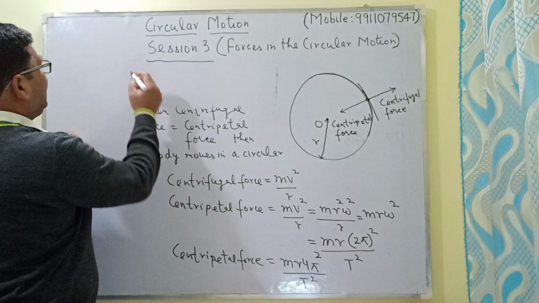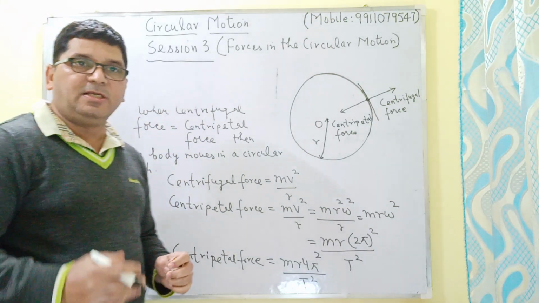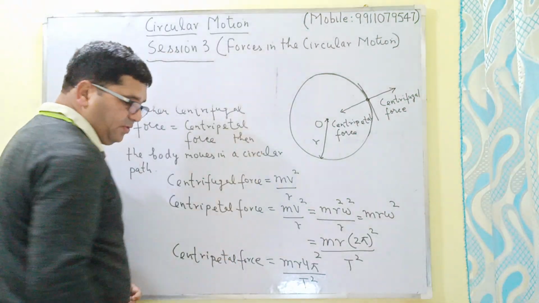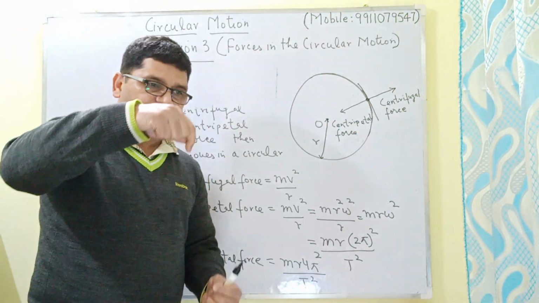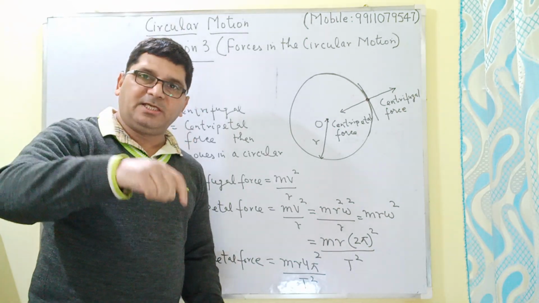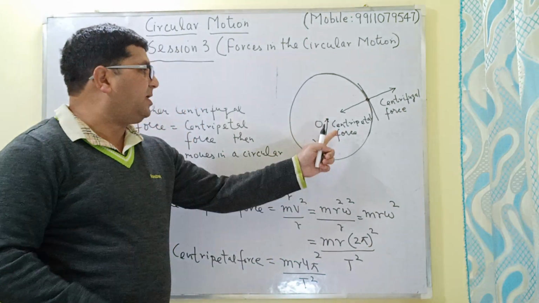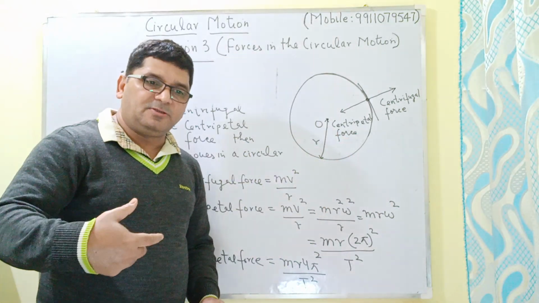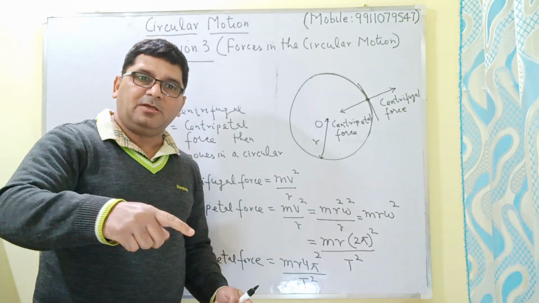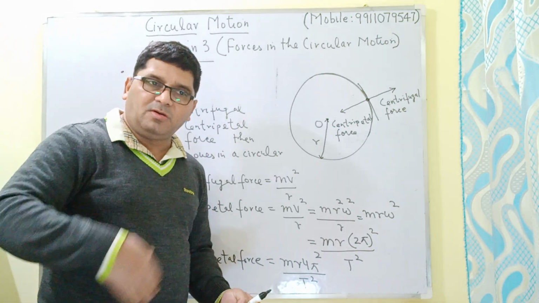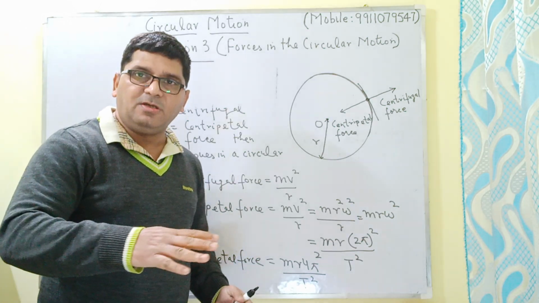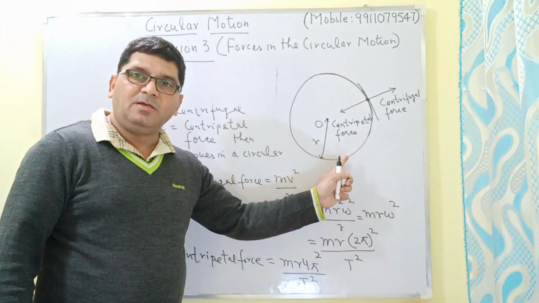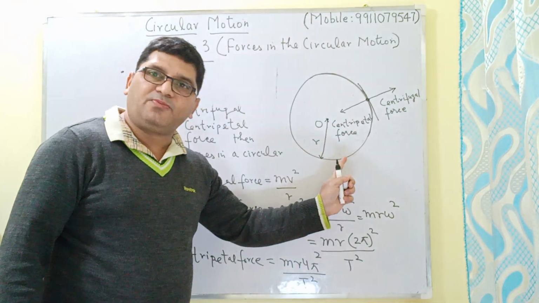So centripetal force is provided in different ways. For example, if you are rotating some object with the help of a string, then the tension in the string will be providing the necessary centripetal force. Similarly, if you are moving in a circular path on a surface, or on a road, then the centripetal force will be provided by the force of friction.